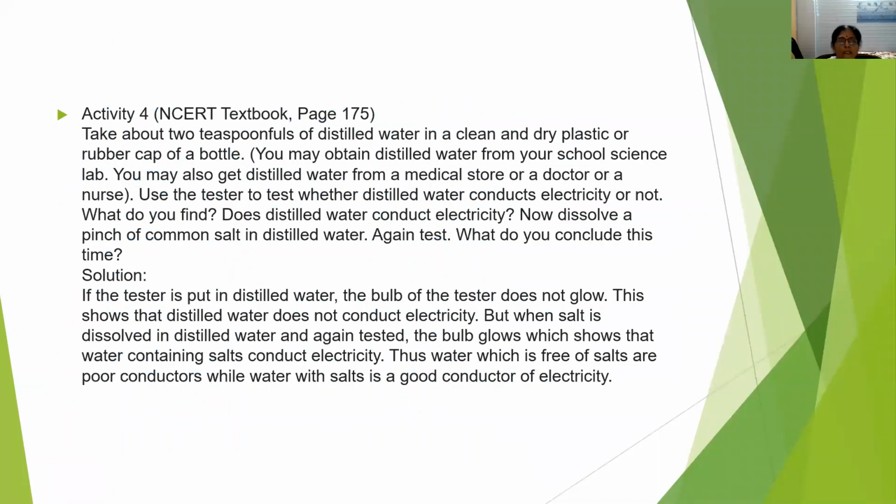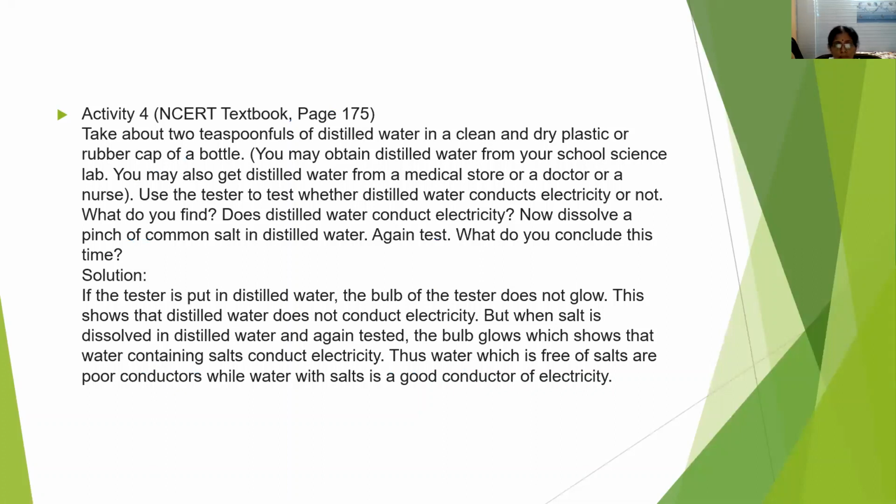Now let's discuss another activity. We have to take two teaspoons of distilled water in a clean plastic cap of any discarded bottle. And where do we get this distilled water? From our school science lab, or you may also get it from some medical store.